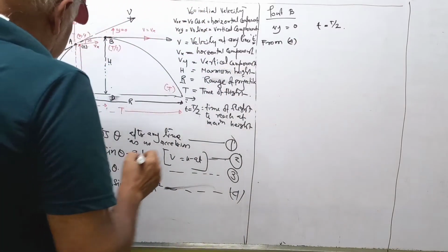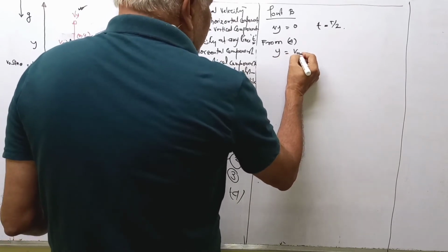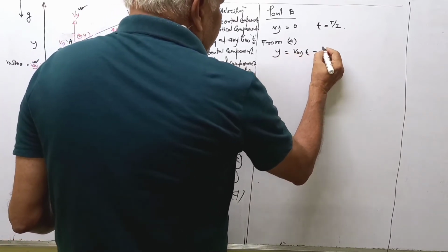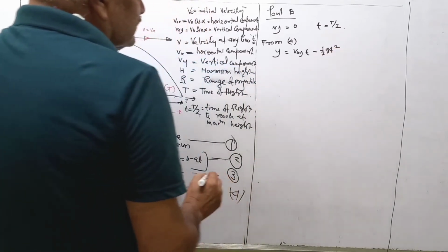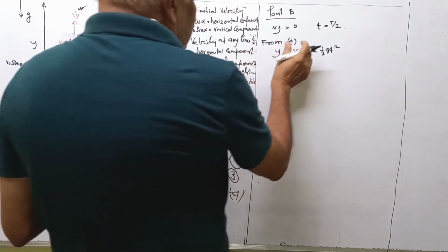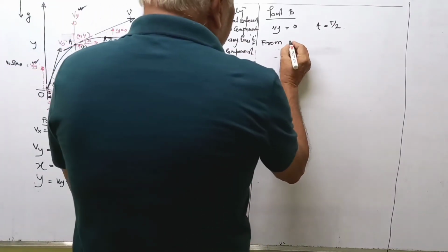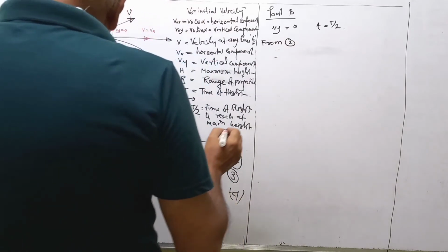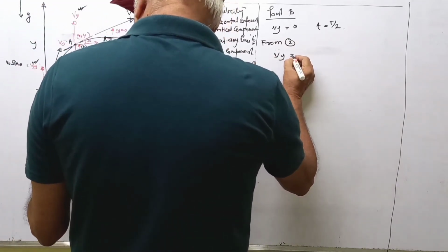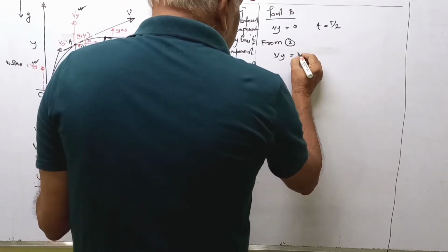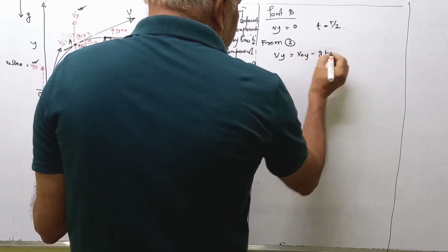We can write y equal to v0y into t minus half g t square. From 2, you are getting Vy equal to v0y minus g into t.